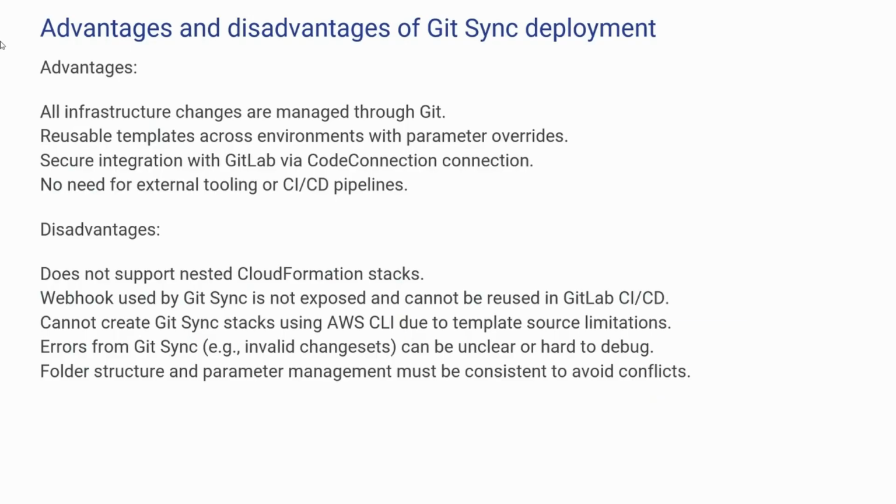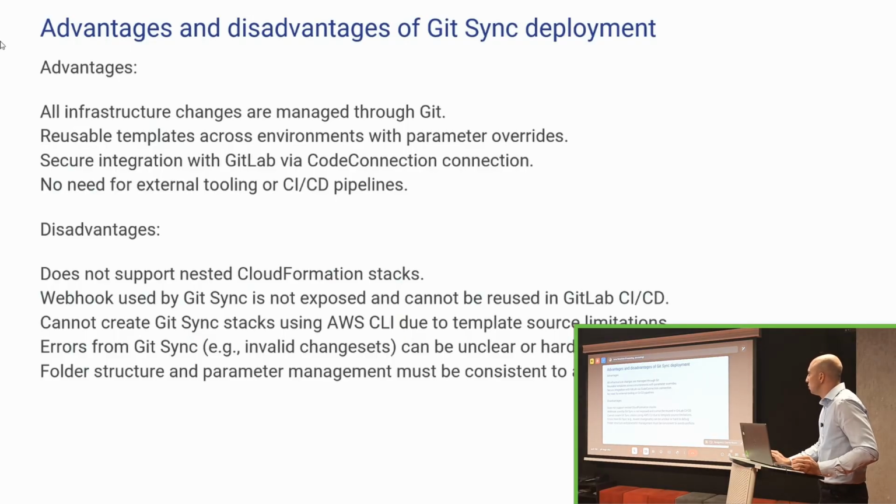Some small advantages and disadvantages of this solution. One is that we manage from our Git repository, so it can be a little bit easier. We can reuse our CloudFormation templates for different environments.